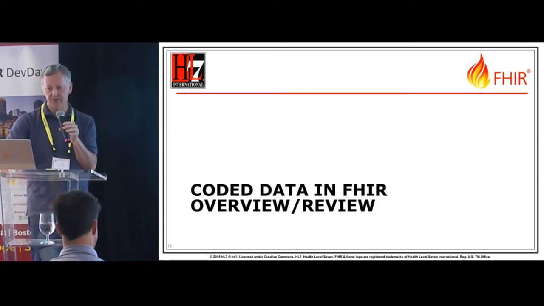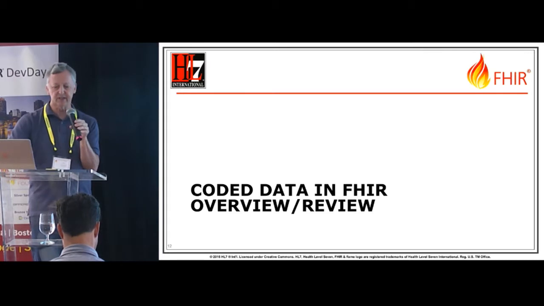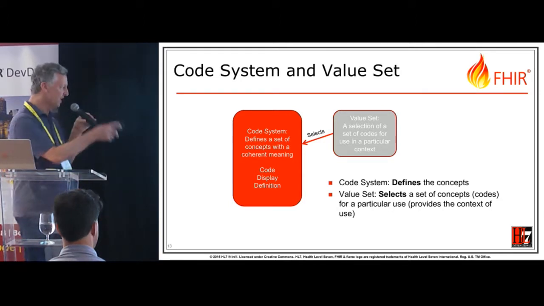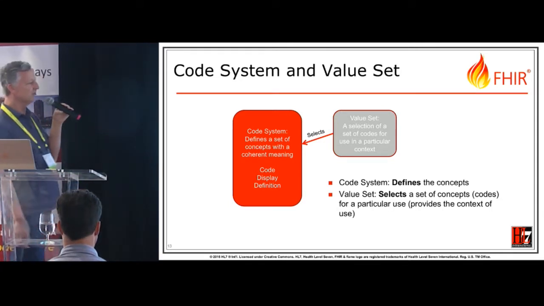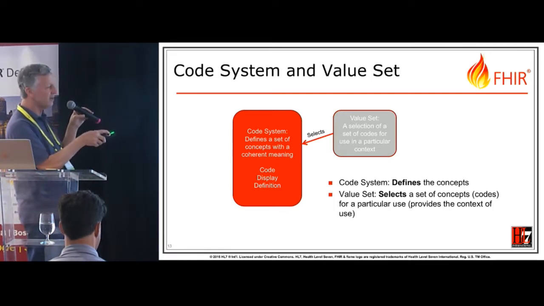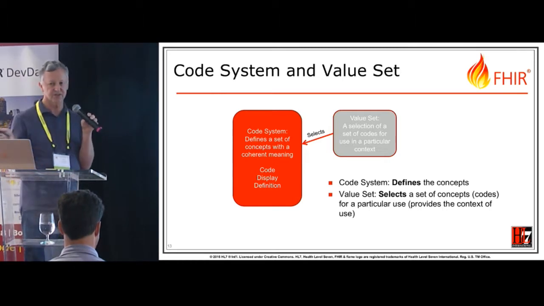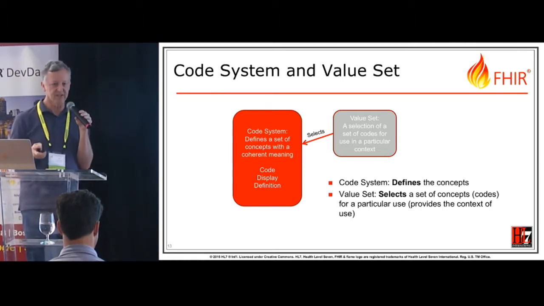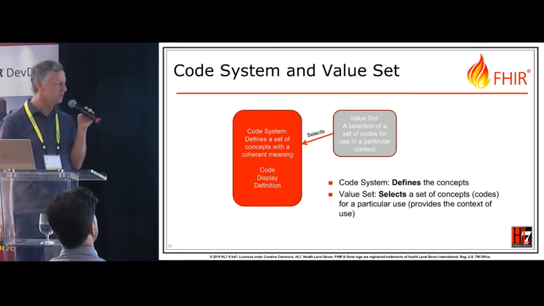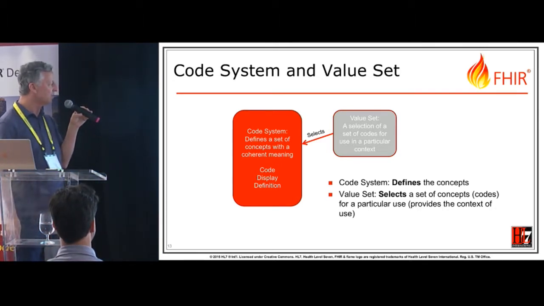Okay, so we'll move on into looking at, again, the overview and a bit of a review on the coded data. We saw the bigger diagram in the terminology module page, but this is the first part of it. Again, the fundamental building blocks are code system and value set. I'm assuming if you went to Dan's talk yesterday, you heard about it, and if you've done anything with terminology, you know about this stuff, so we won't spend a whole lot of time on it.